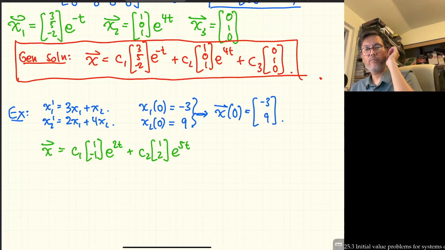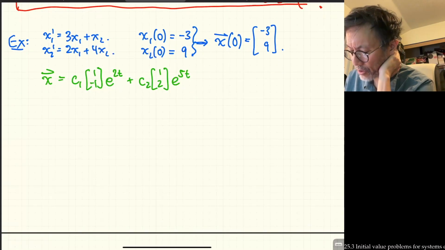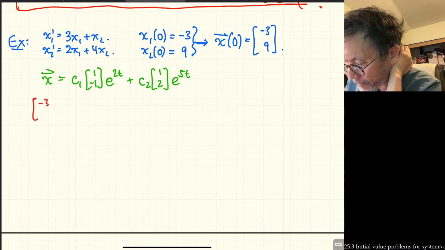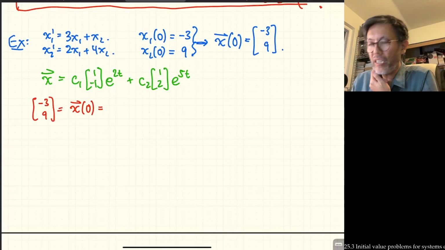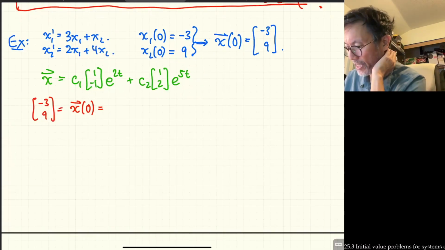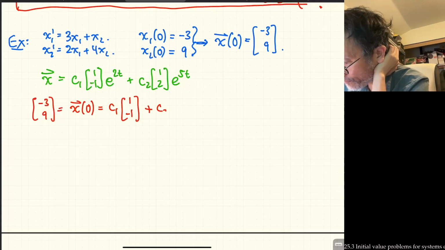Using that and the general solution here, we can figure out what C1 and C2 are. x of 0 is what I get by sticking t equal to 0 into this general solution. What I get is c1 times (1, -1) plus c2 times (1, 2).